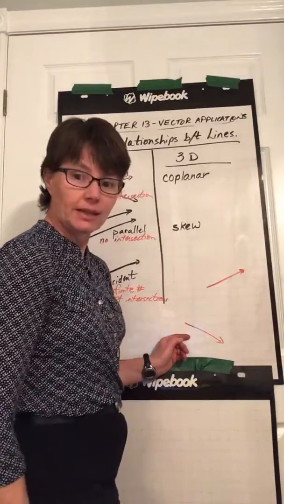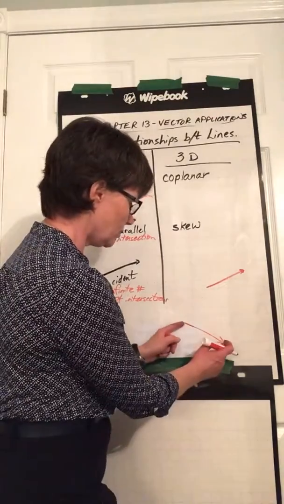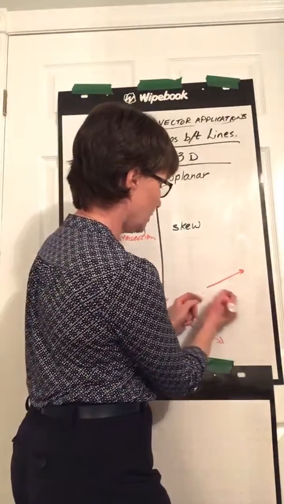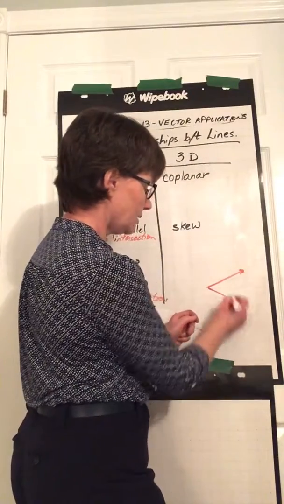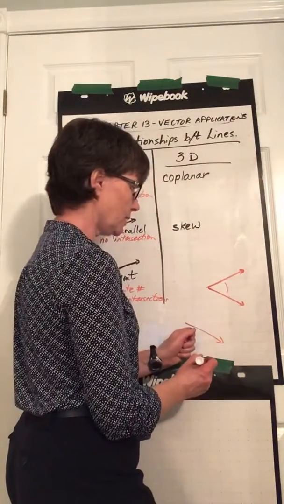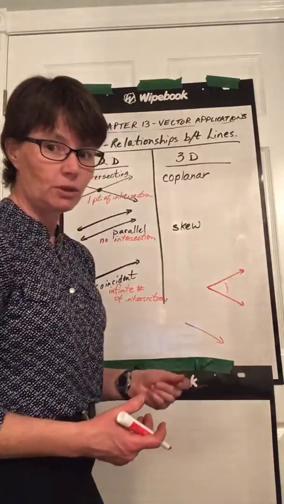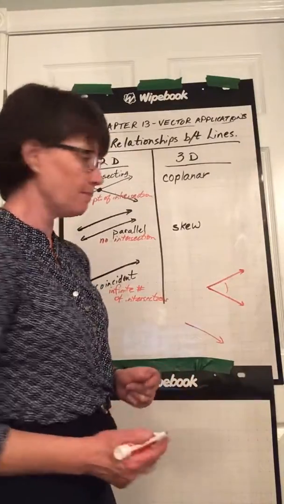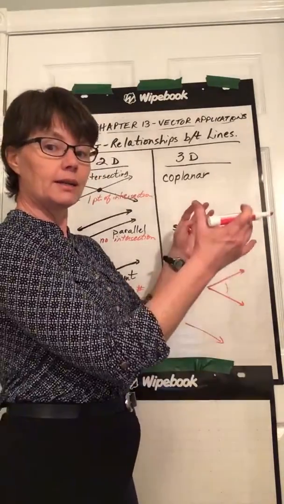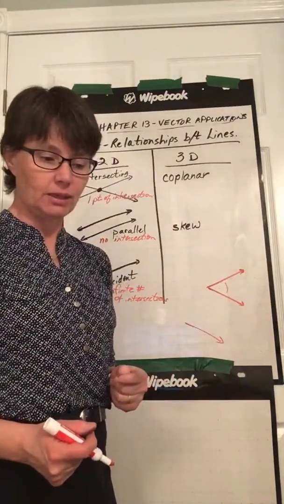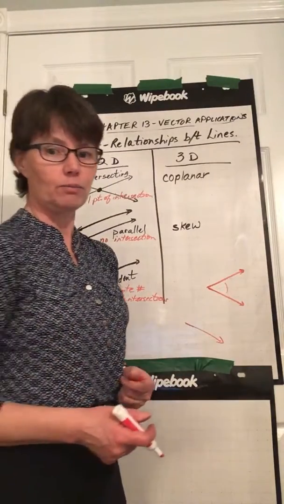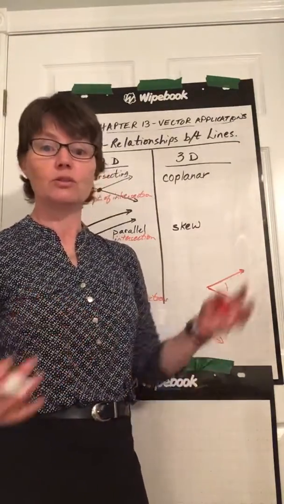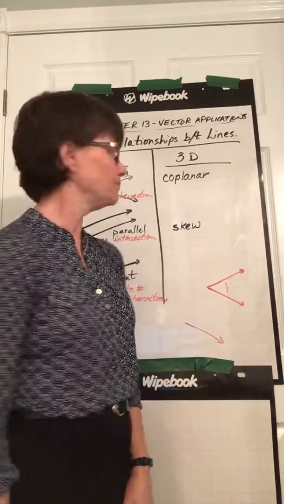We wanted to find the angle between those two vectors. Then we just took this vector and moved it over here to begin at the same place as the first vector, and that's the angle that we found. Same thing will happen with skew lines when we're finding the angle between them. We will just move one to be intersecting with the other, and that's the angle that is assumed to be between the two lines, even though they are skew.